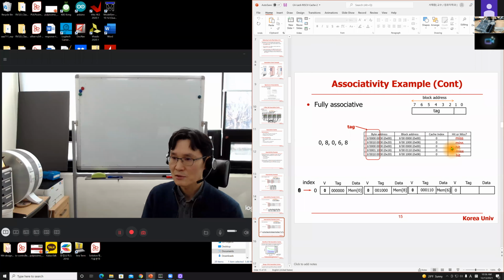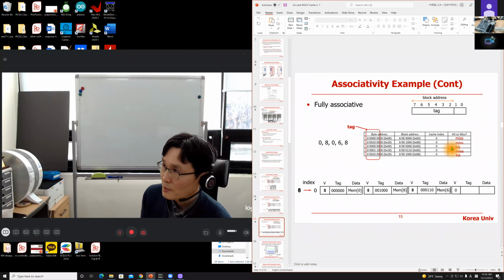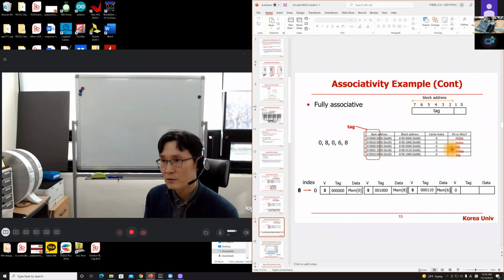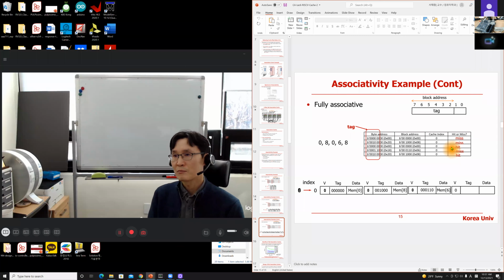But it all depends on the behavior of your program, memory access behavior of your program. But in this particular example, number of hits increases as you increase associativity.